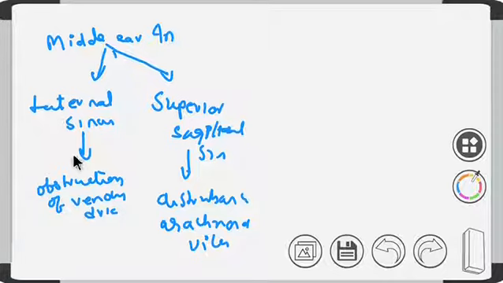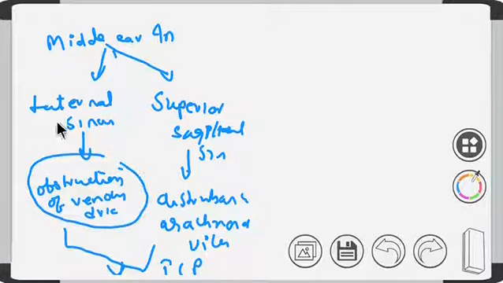So both these things will result in increased intracranial pressure. Clear?